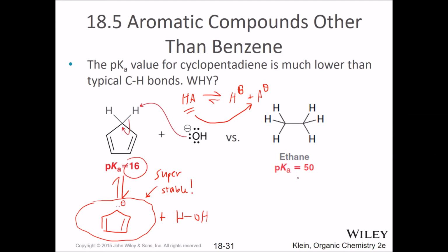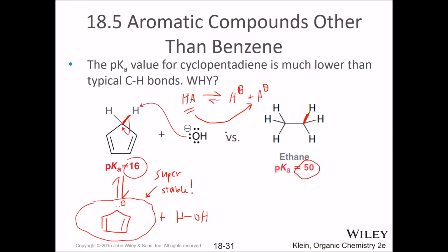And look at that. Wow, 16. Oh my goodness. This is a log scale, right? So this carbon-hydrogen bond right here is billions of billions of billions of times more acidic than that carbon-hydrogen bond.